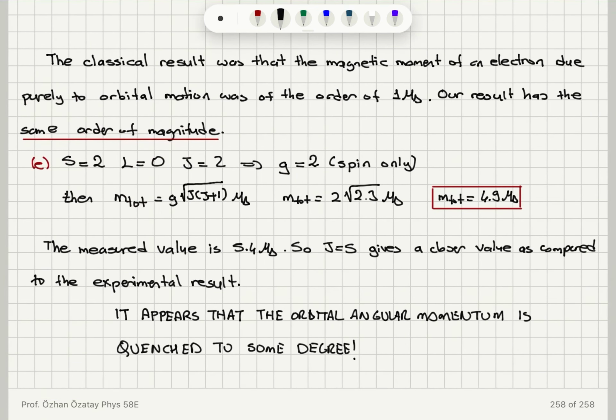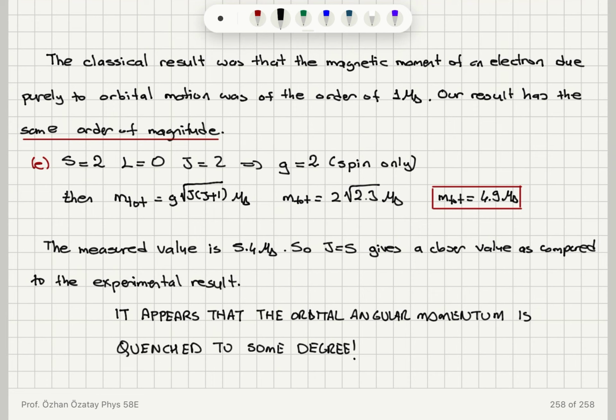We find that if we use S equals 2, L equals 0, the spin-only contribution, the total magnetic moment becomes 4.9 Bohr magnetons, which is closer to the experimental value of 5.4 Bohr magnetons. This indicates that the orbital angular momentum contribution is somewhat less than what we thought. It's quenched to some degree.